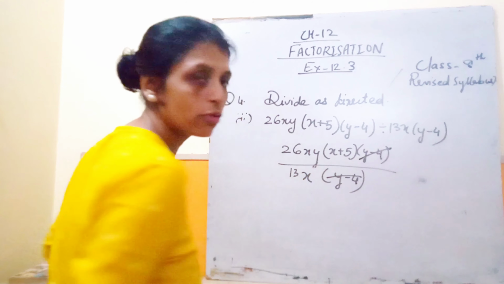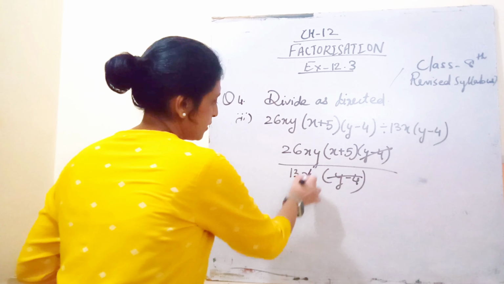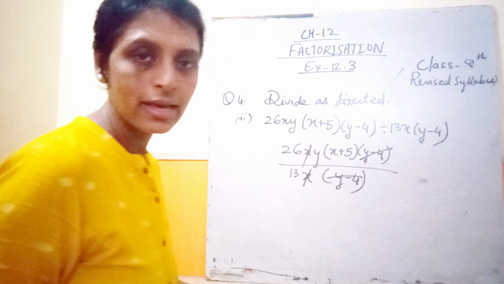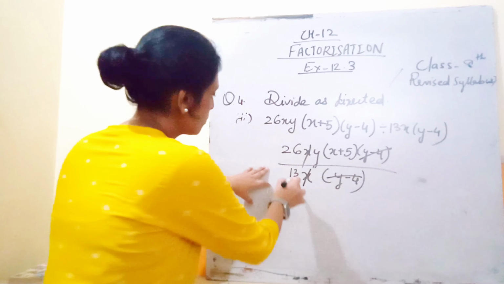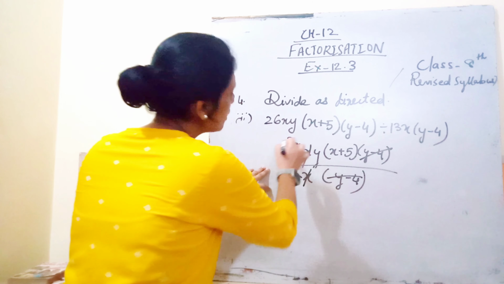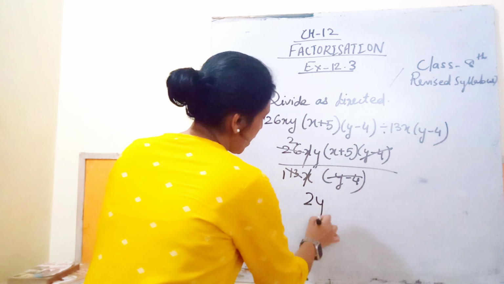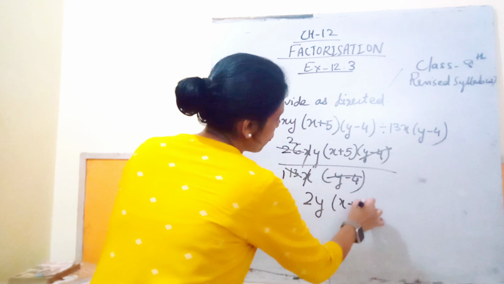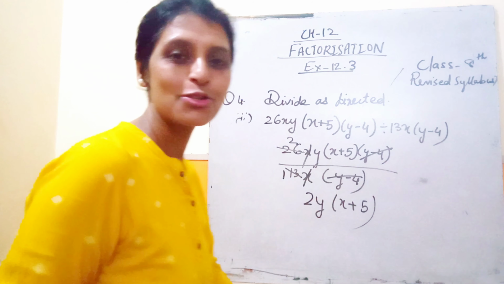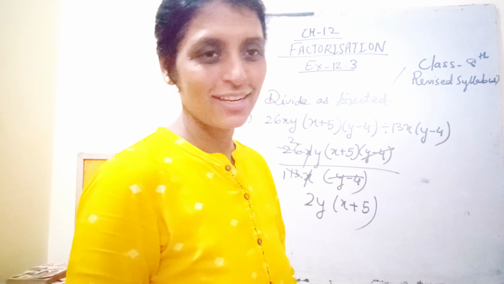This (y - 4) and this (y - 4) will get cancelled, and this x and this x will get cancelled. 13 ones are 13, 13 twos are 26. So we get 2y(x + 5) as the solution to this part.